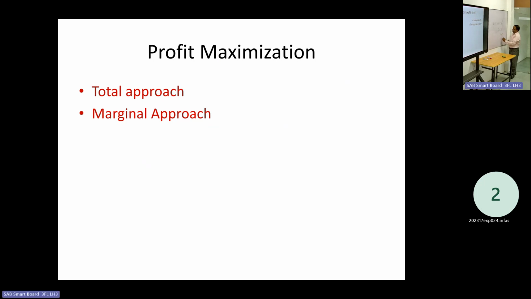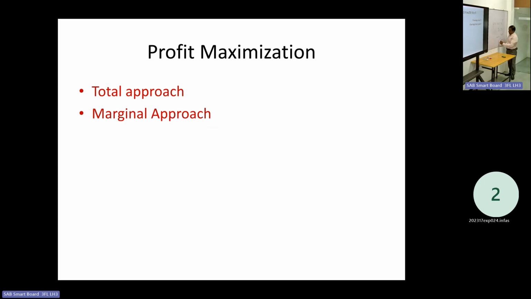There are two conditions in order to confirm profit maximization. One is marginal cost equal to marginal revenue. Here we use marginal cost and marginal revenue, the marginal approach, to explain profit maximization.